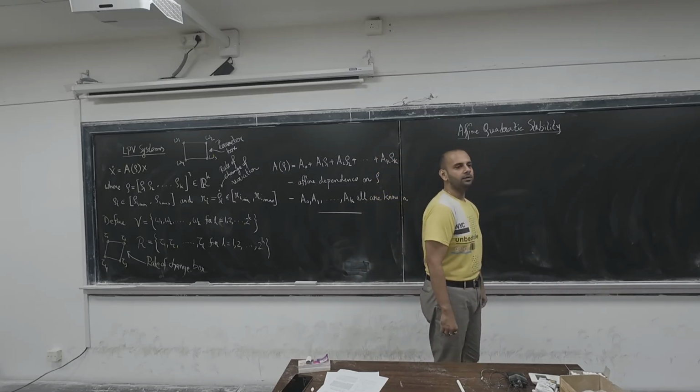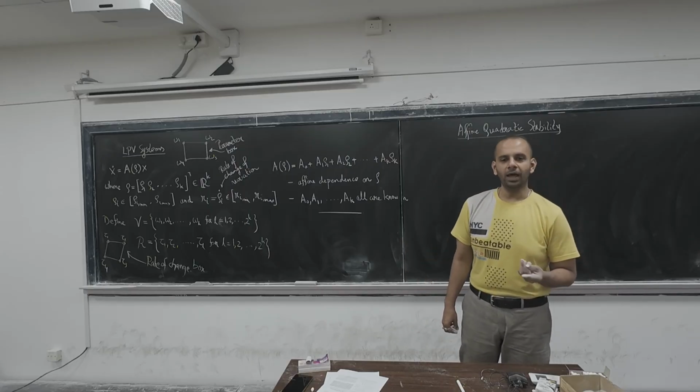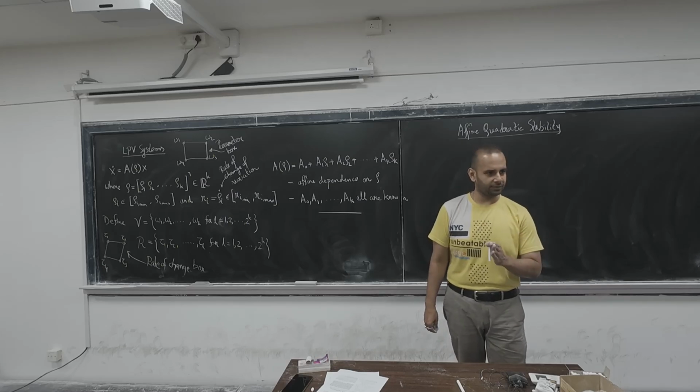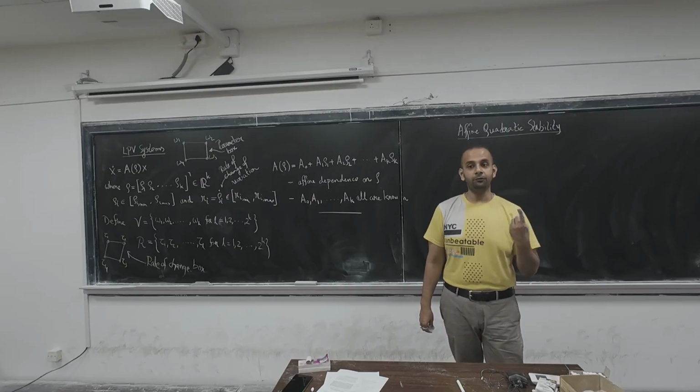I already introduced that affine quadratic stability means earlier we had the V function that was only x transpose Px, right? Now affine quadratic stability means we can think about a Lyapunov function which is also an affinely dependent function.